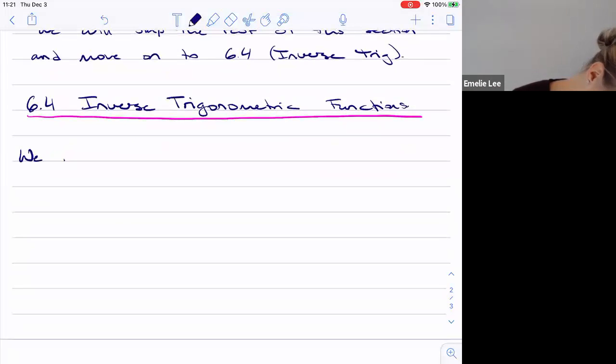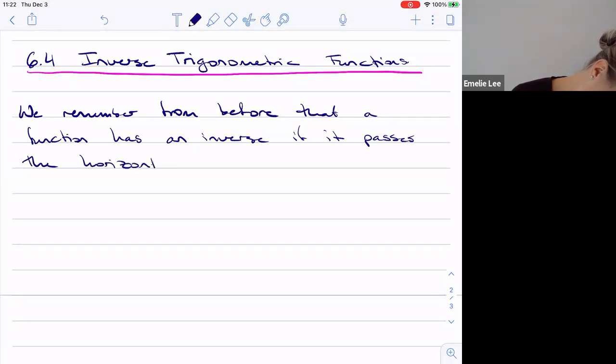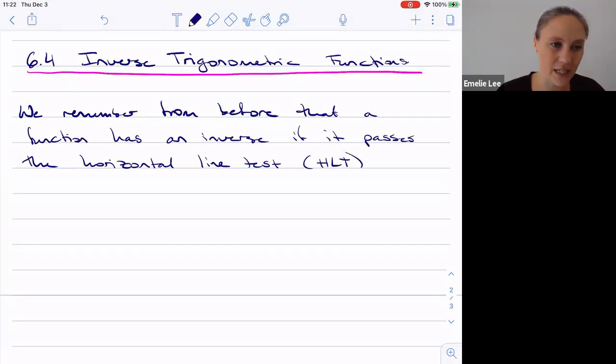So we remember from before that a function has an inverse if it passes the horizontal line test, which we'll abbreviate HLT.